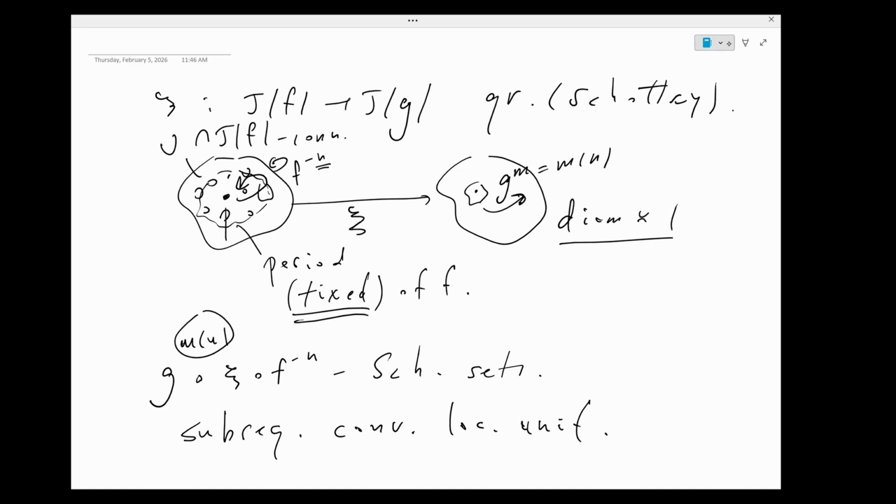And then I use the stabilization result that I mentioned, and so we will have G_{M_K} Xi F minus N_K equals G_{M_L} Xi F minus N_L for some K less than L, both large.